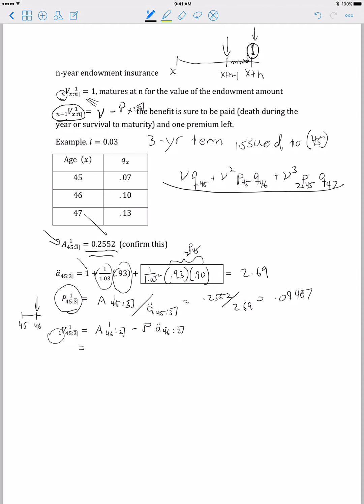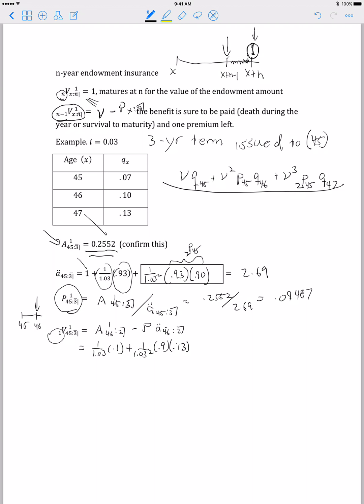Okay, so let's see. Let's calculate the 2-year term insurance first. So it's going to be v q46, which is 0.1, plus v squared. So I have to survive to age 47 and then die, p46 q47, 0.13.